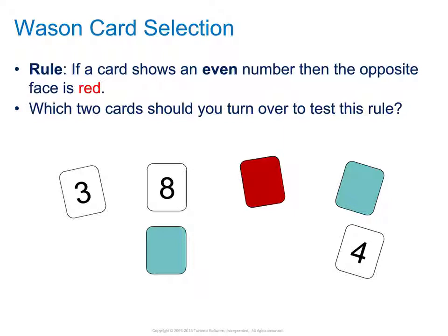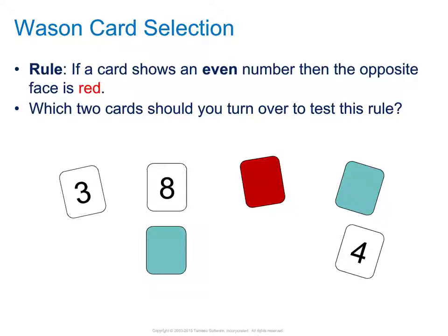Now this is a difficult task for people. Turning the 8 card over is very straightforward, because if the back side of the 8 card were red, then the rule would be broken. But what's difficult for people is that you also need to go look for evidence that disconfirms the rule.